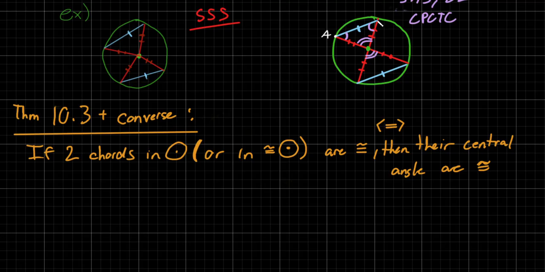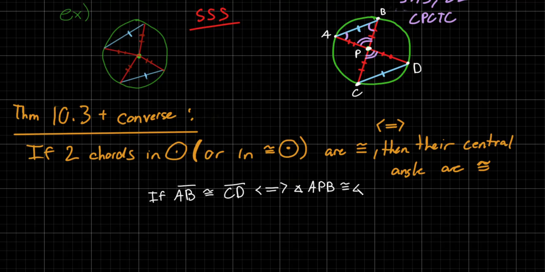Let's call this A, call this B, let's call this C and D, and we'll call this center point right here P. So this is saying if AB is congruent to CD, then it's an if and only if, so double arrows, then we know that angle APB, so that's right where both radii touch the center, is going to be congruent to angle CPD. And it can go both ways because it's a converse.